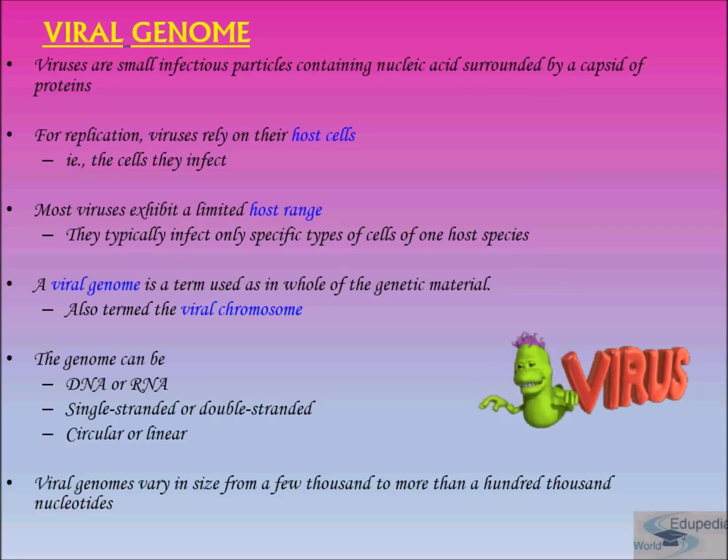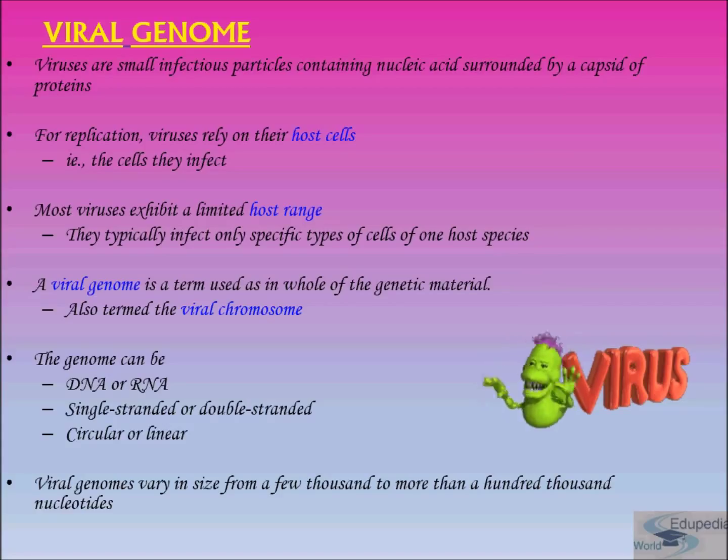They typically infect only specific types of cells of one host species. A viral genome is the term used for the whole of the genetic material. The genome can be DNA or RNA, single-stranded or double-stranded, circular or linear. Viral genomes vary in size from a few thousand to more than 100,000 nucleotides.